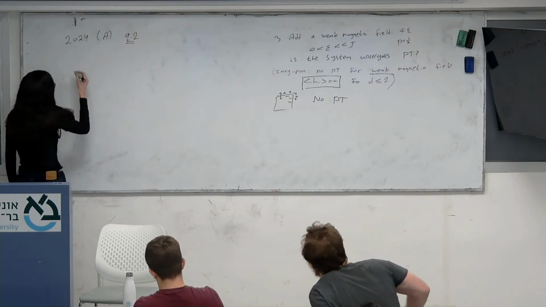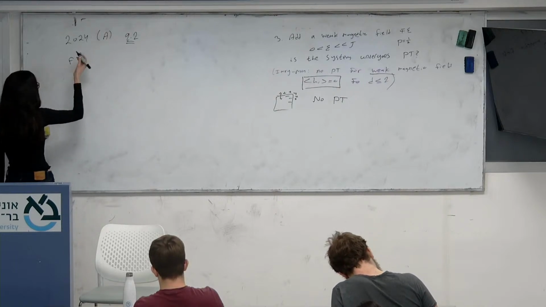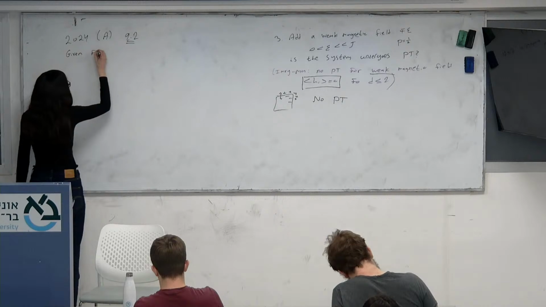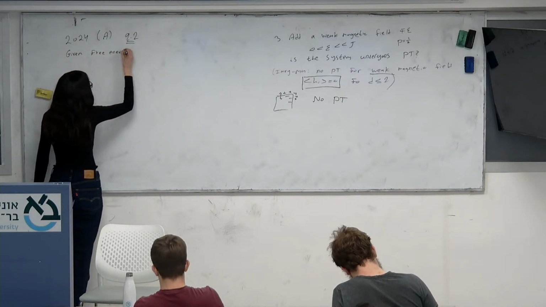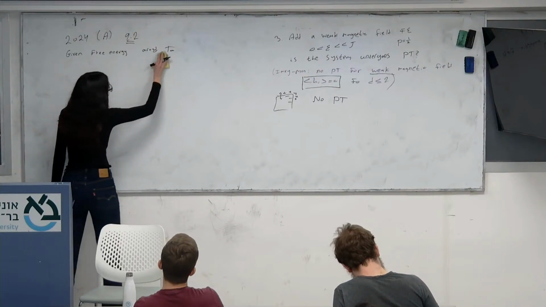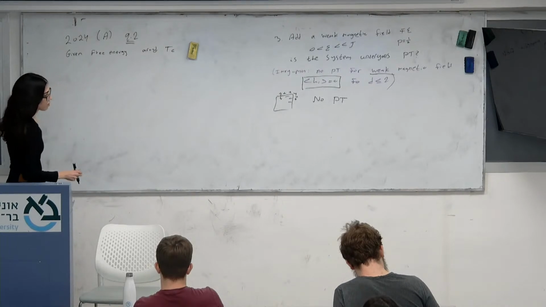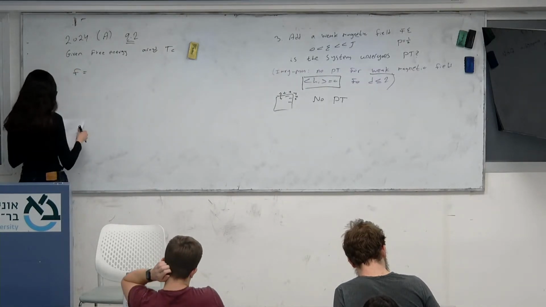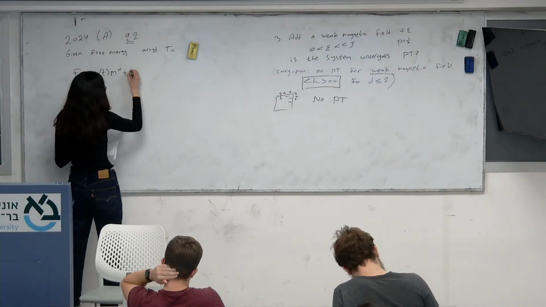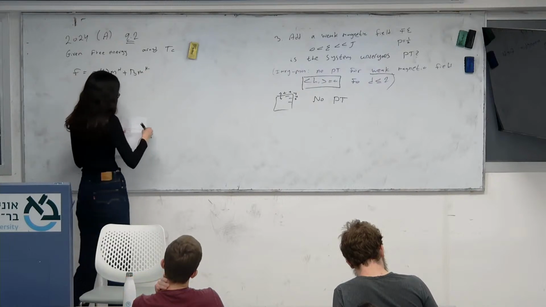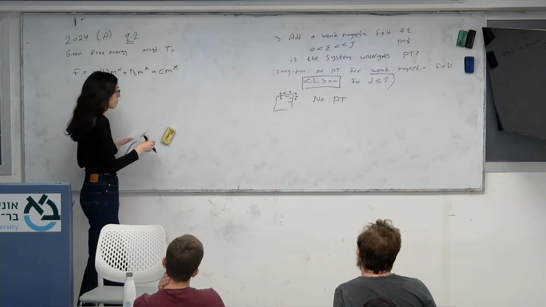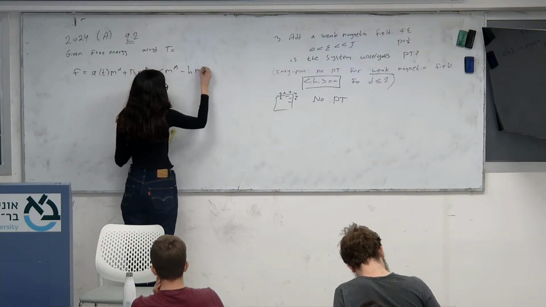Given the free energy around the critical temperature, around T critical, so around the phase transition point, f is equal to a of t m to the power n plus b m to the power k plus c m to the power M, minus h m to the power p.